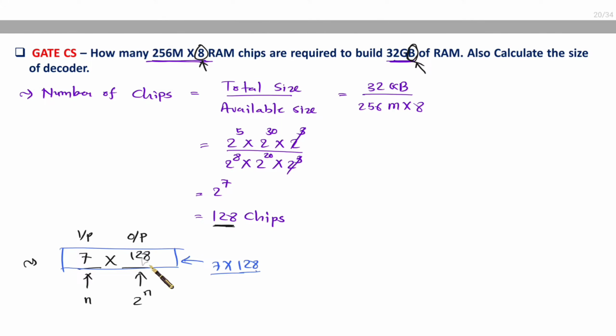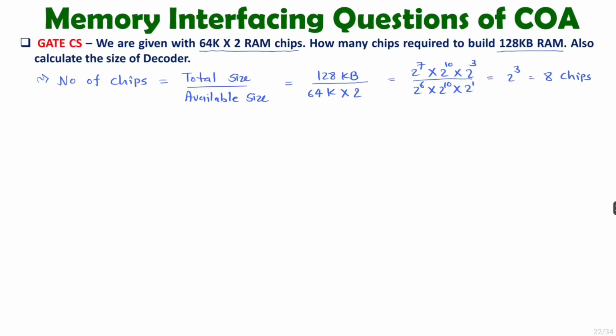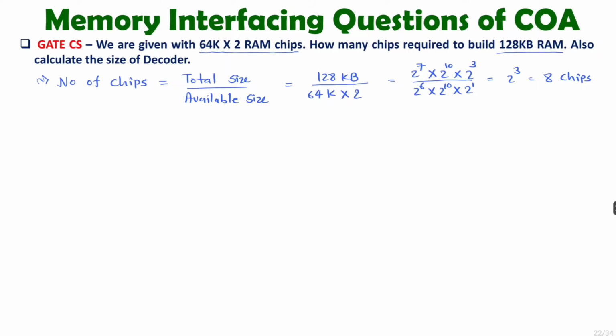So there we can directly say the number of chips equals the output of the decoder. But here the required chip has data lines of B, meaning 8 bits, while the available RAM chips have data of only 2. So how do we handle that? For that you need to have horizontal expansion as well.